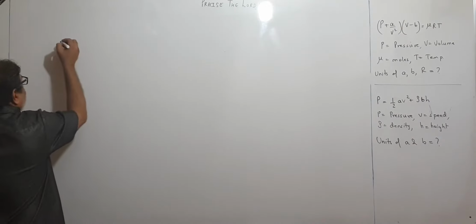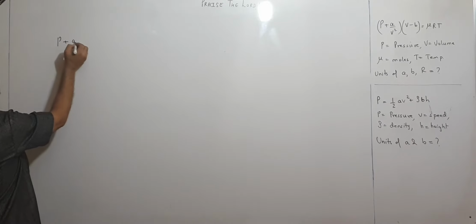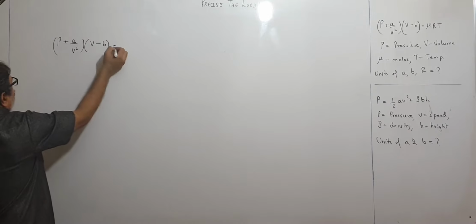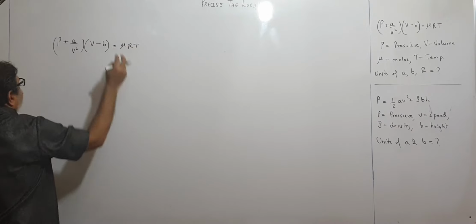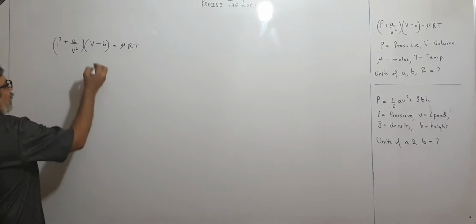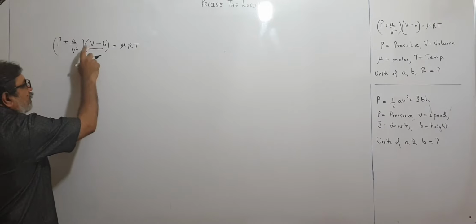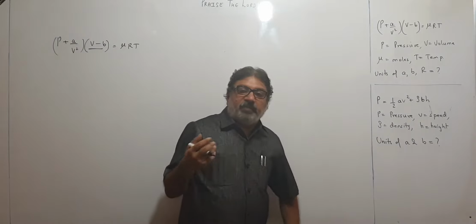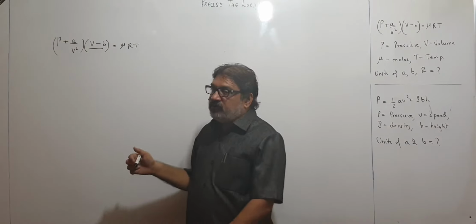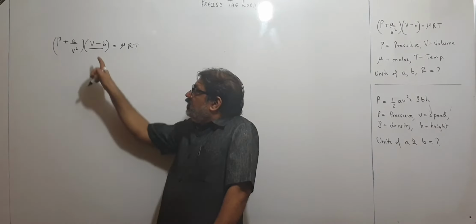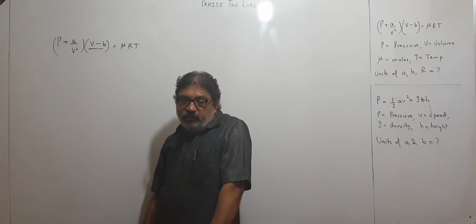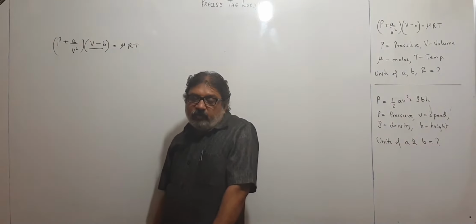So children, if you look at the equation, it is not so difficult as it appears to be. If you use logic, you can very easily reach the answer. V minus b is μRT. Now I know V is volume, so from volume only volume can be subtracted because of the principle of homogeneity. We cannot subtract area from volume, we cannot subtract force from volume.